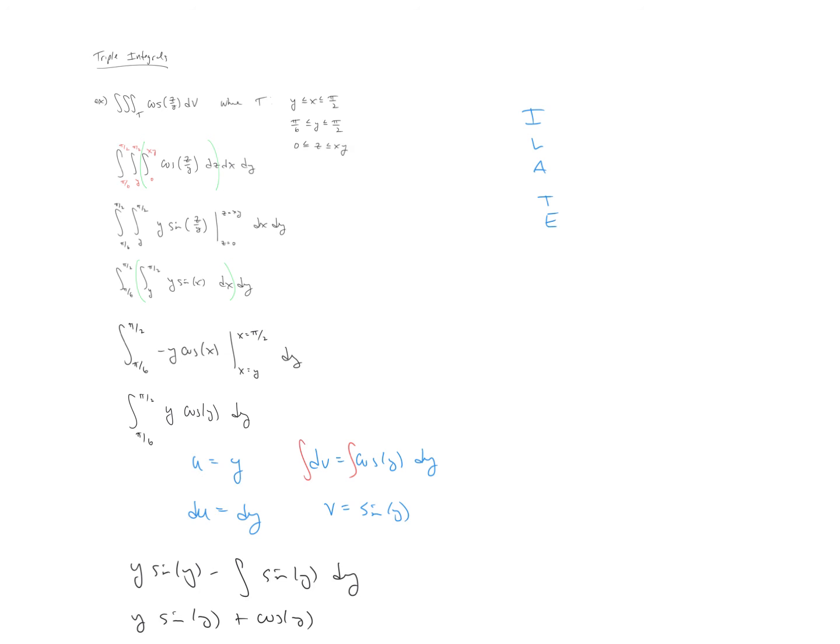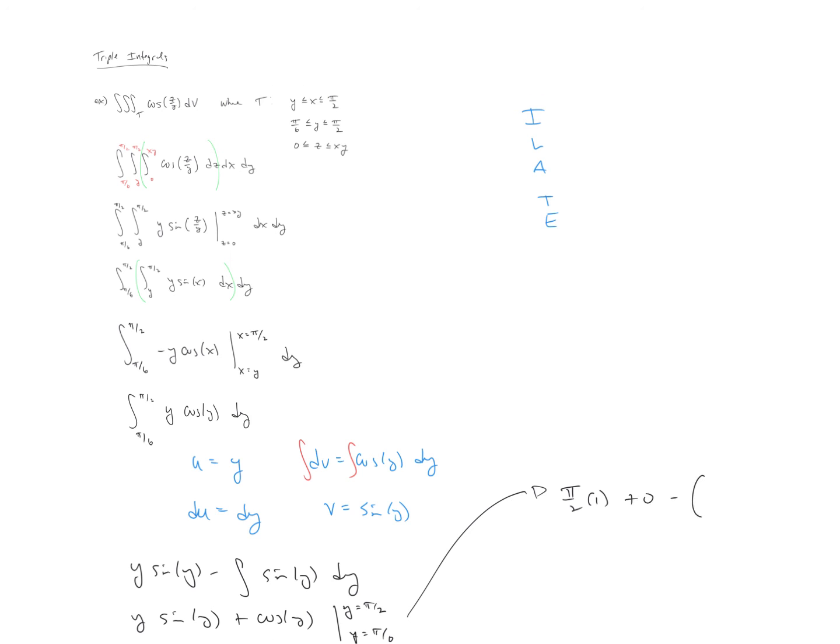And that all still needs to be then evaluated from y equals pi over 6 to y equals pi over 2. So if you go ahead and plug in the pi over 2 in for this, you're going to get a pi over 2 times 1. And then the pi over 2 being plugged in here gives us the 0, so plus 0.